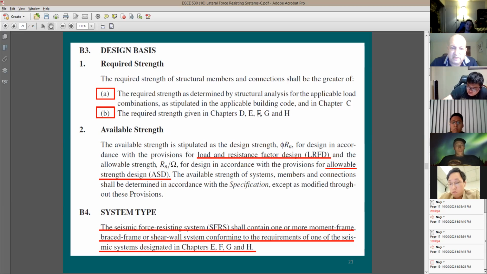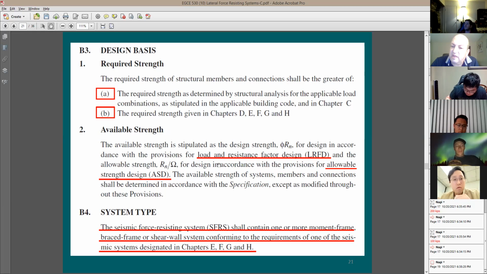The other question is now, what is the available strength? Available strength means the capacity. We call it here Rn. What is Rn? It could be Mn, which means the flexural capacity. It could be Pn, axial capacity. It could be Vn, which is the shear capacity. All of that, for now, we just call it Rn. It is going to be the general term for it.